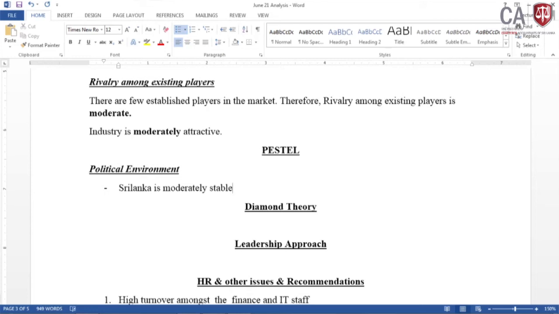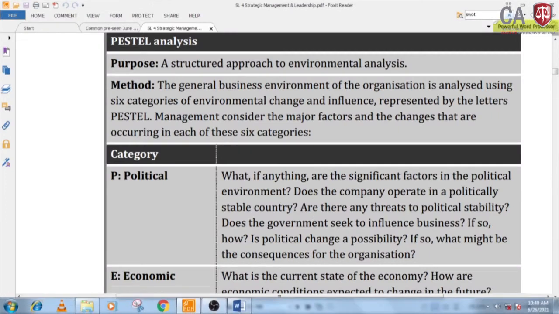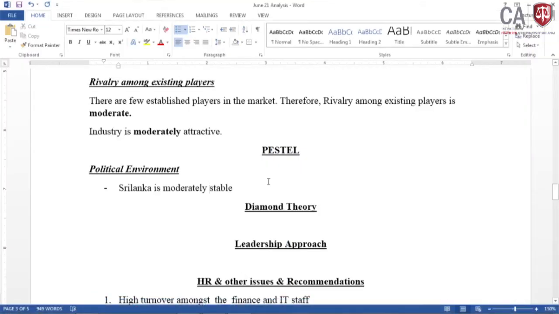You know, a lot of issues are there, especially this human rights problem. In the world context, there are allegations against Sri Lanka regarding human rights violations, so the UN may try to take actions against Sri Lanka. So, I will say Sri Lanka is a moderately politically stable country, right.